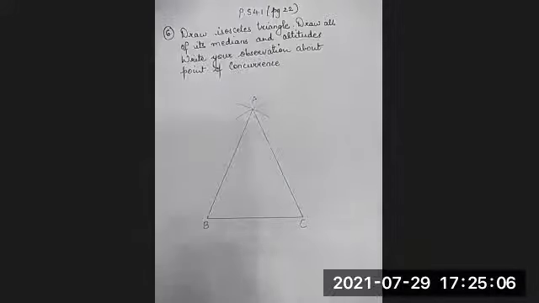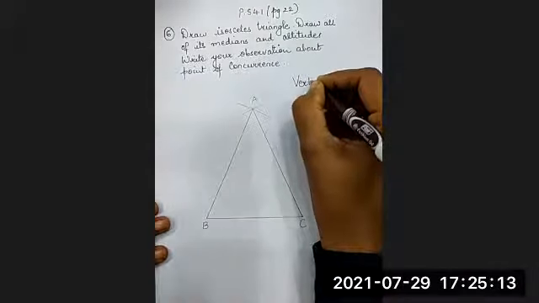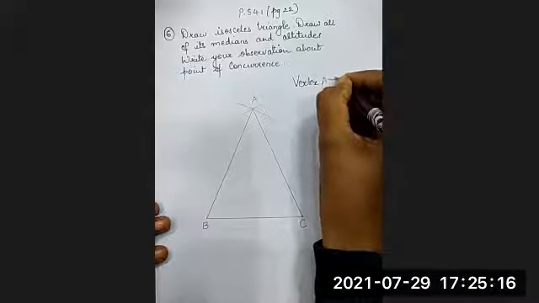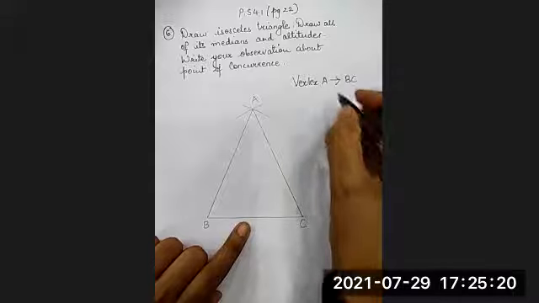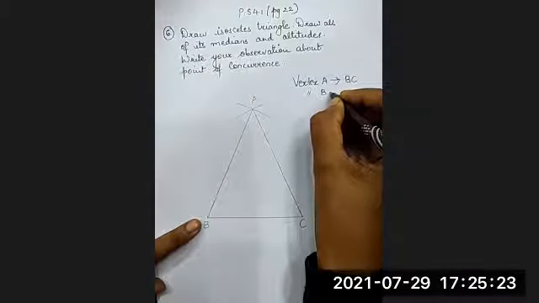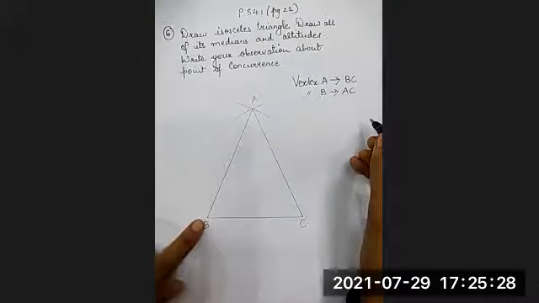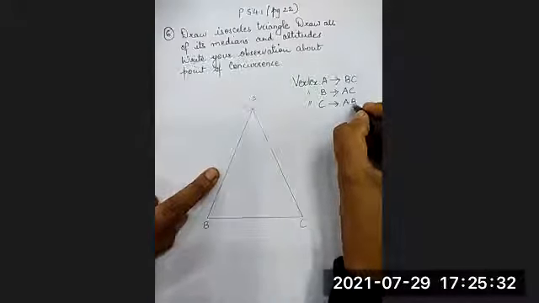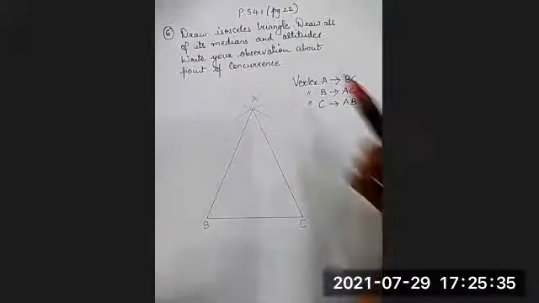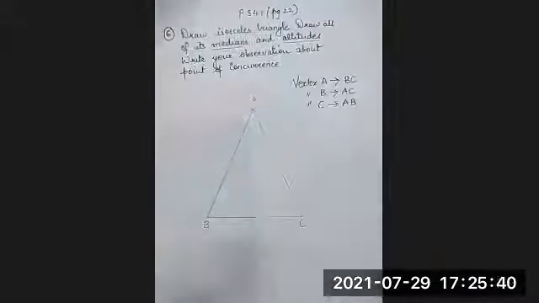Now again, we know that for vertex A, the opposite side is BC. For vertex B, the opposite side is AC. And for vertex C, the opposite side is AB. Now in our question, they have asked us to draw the medians and altitudes also.